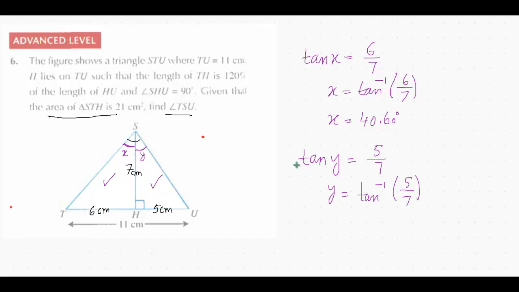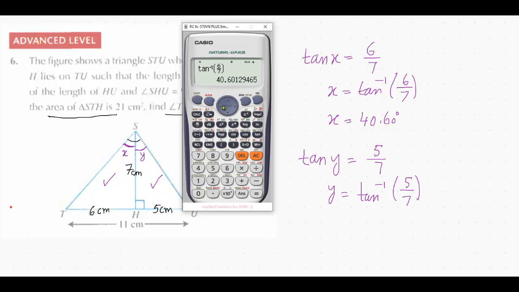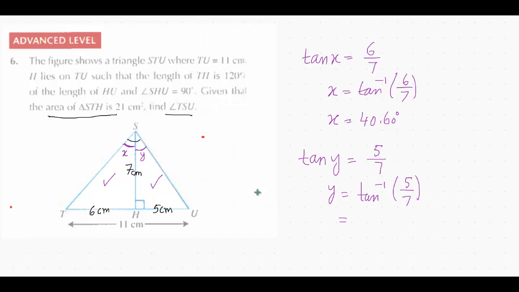So let's use the calculator again. So let me bring here, it is 5 over 7. Just change it, and the angle is 35.54 degree. So just adding X and Y will give you the angle TSU. So the angle TSU will be 40.60 plus 35.54.